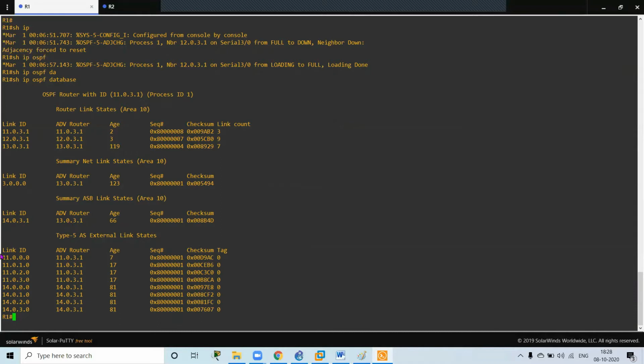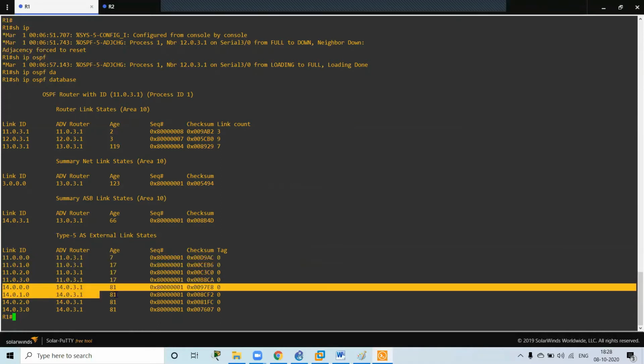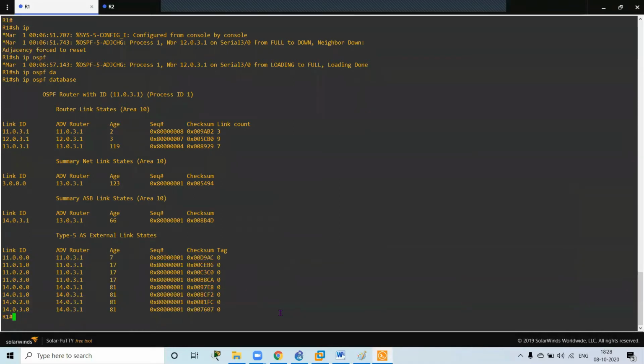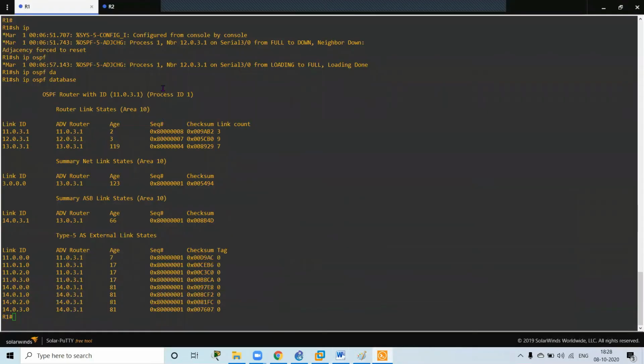I'm having the type 5 external routes over here, 11 dot also and 14 dot also. As per my diagram, R1 is my ASBR router and R4 is my ASBR router. These two are my ASBR routers.